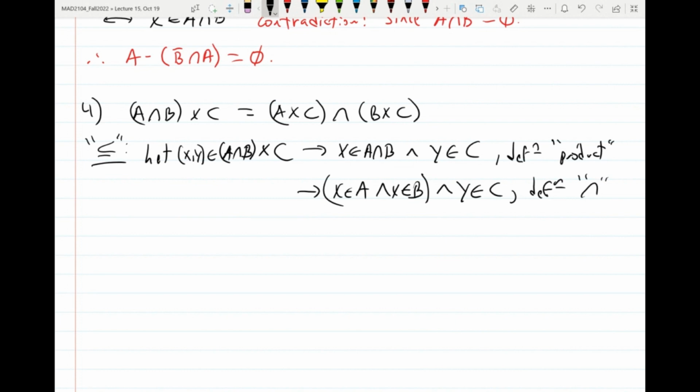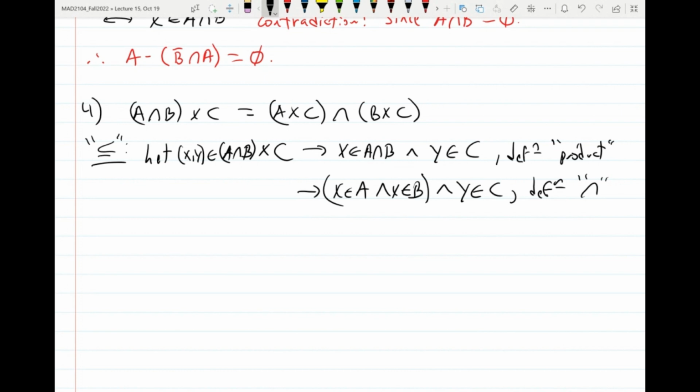I basically need another pair where X is in A and Y is in C, and then that same X has to be in B and Y in C. That's exactly what we have here. But to write it more nicely, I would like to have this statement twice. So the question is, can I have Y as an element of C twice?